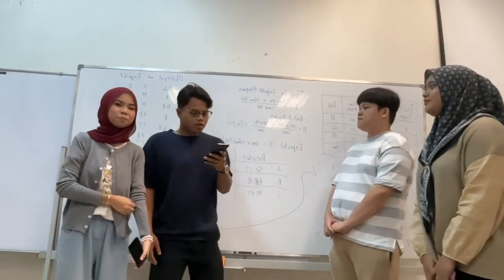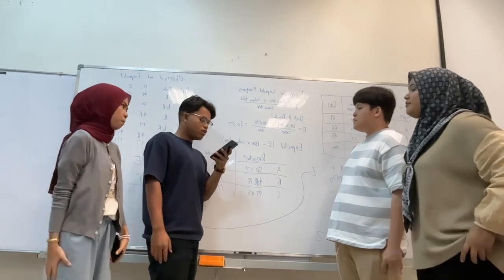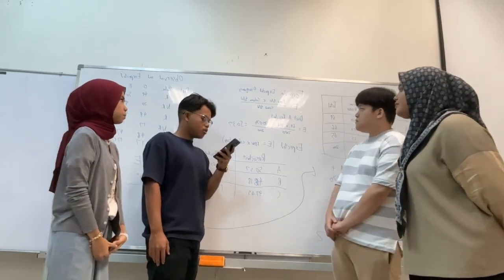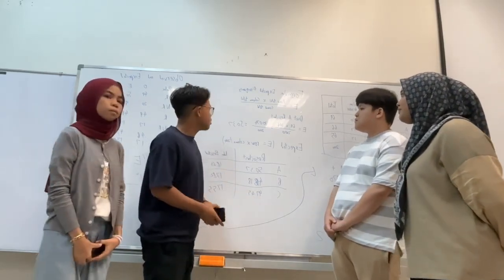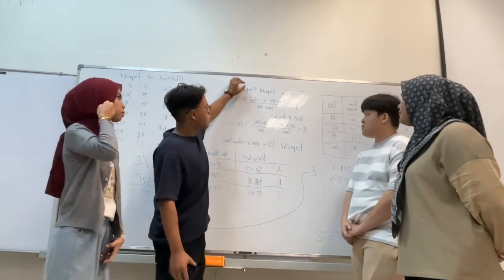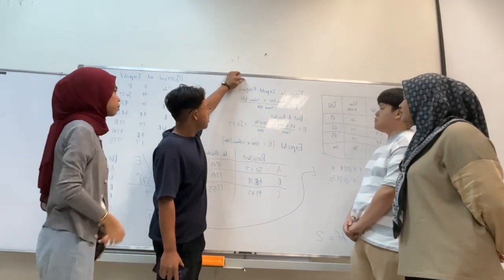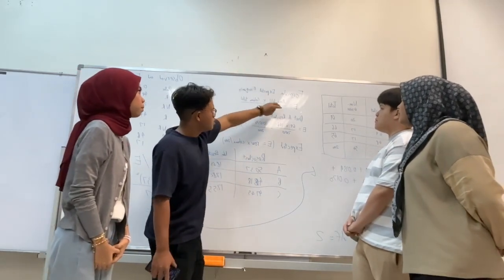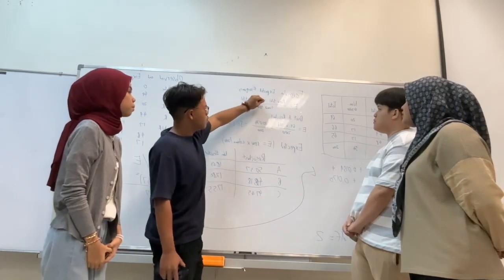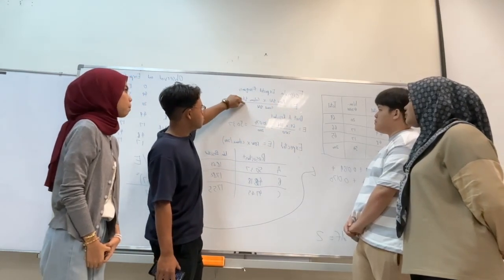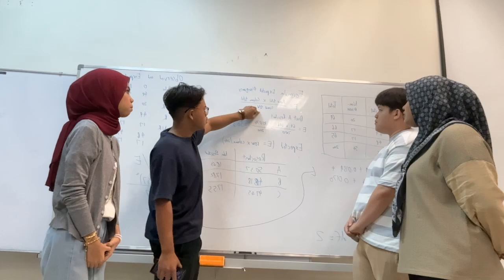This diagram shows how the expected frequency is calculated for a chi-square test. The first formula: E equals row total times column total divided by grand total.